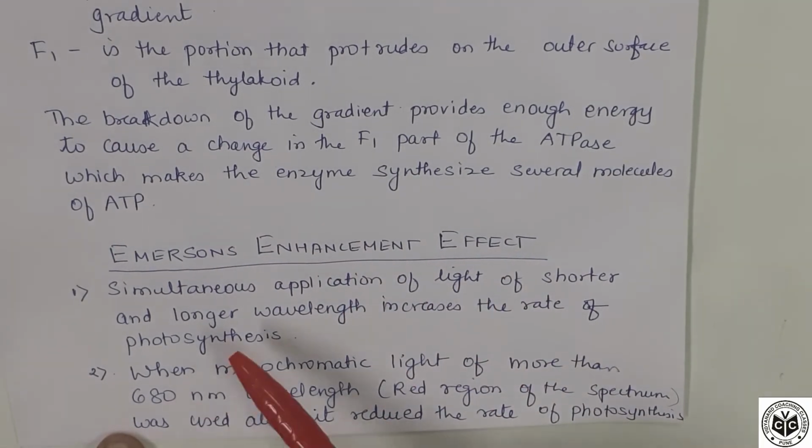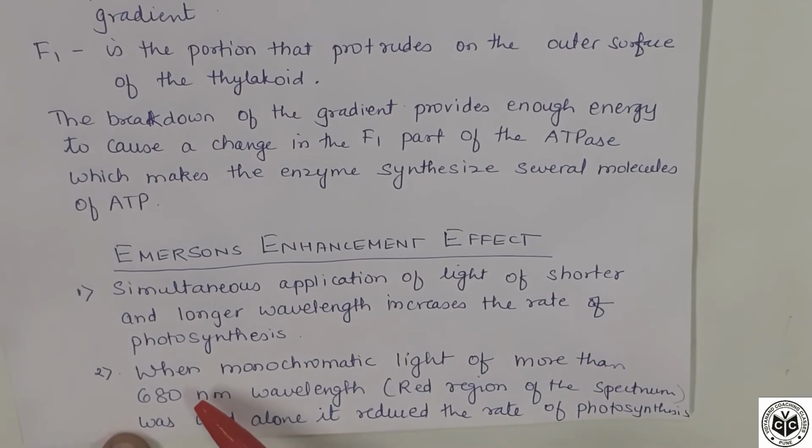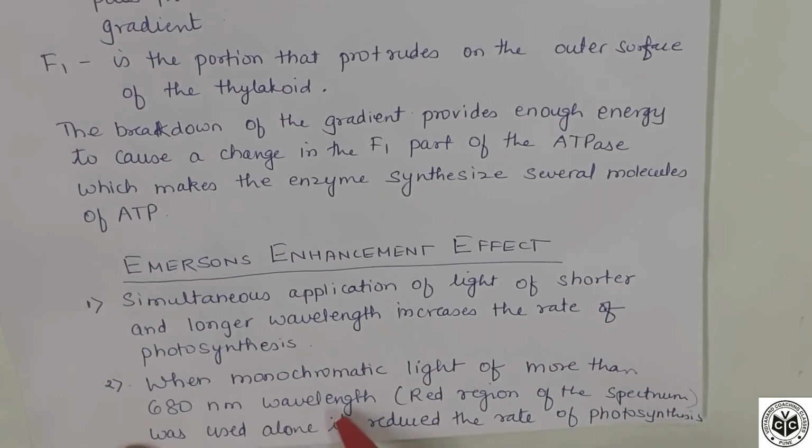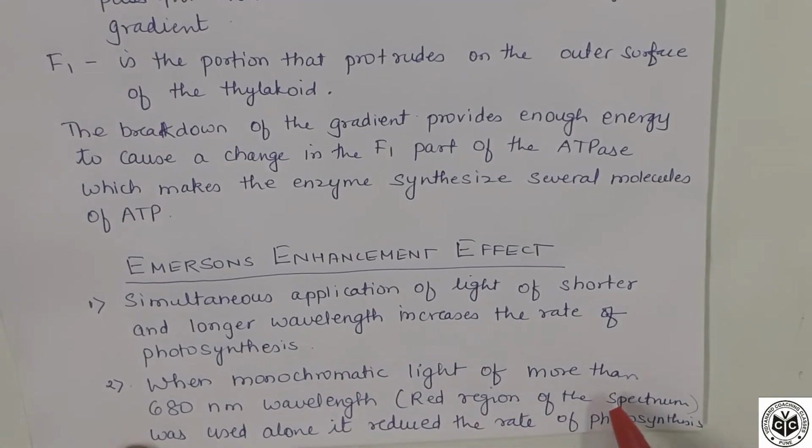Now the second point regarding this topic is that when monochromatic light of more than 680 nanometer wavelength, that is the red region of the spectrum, was used alone, it reduced the rate of photosynthesis.